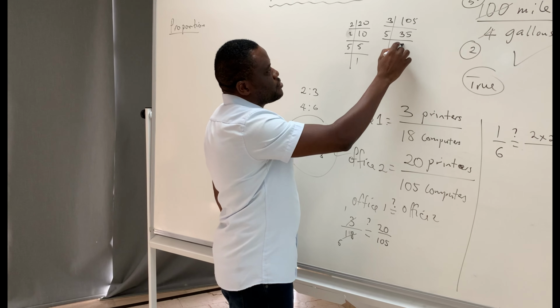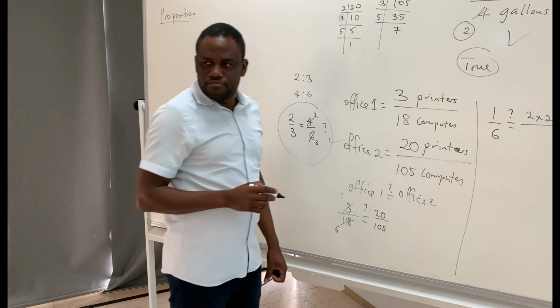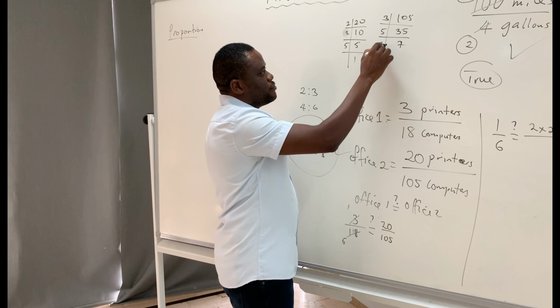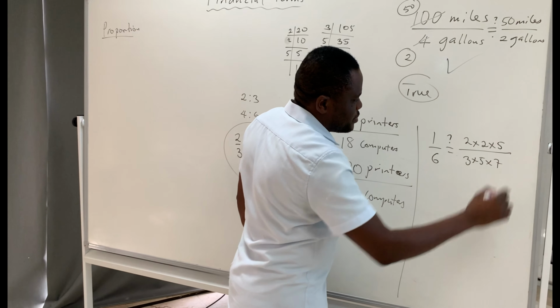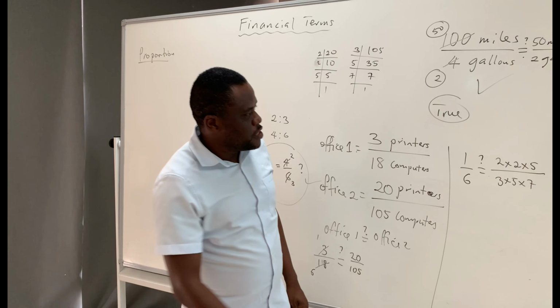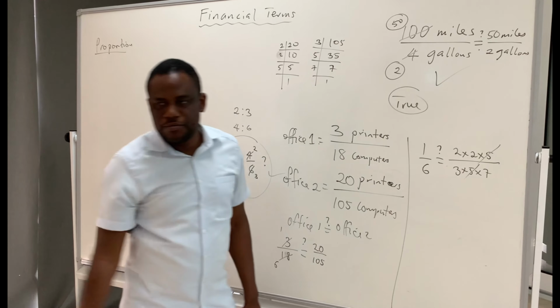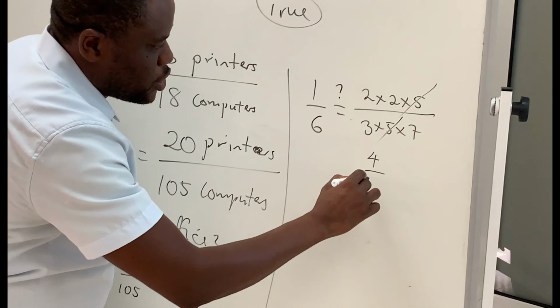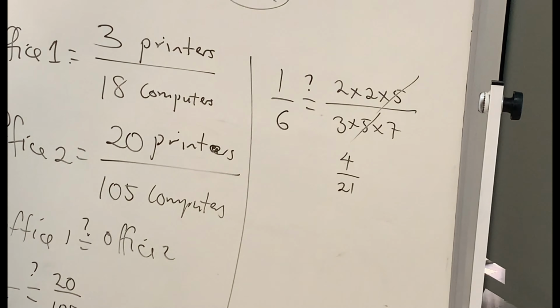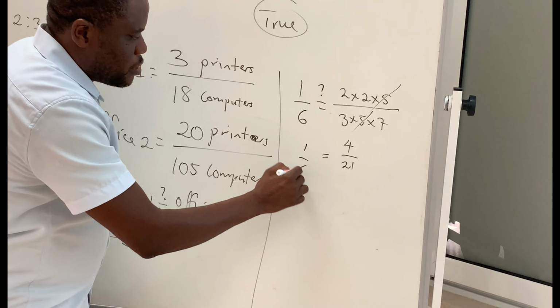What is left is 7. Right? And now 7 is 1. So this is 3 by 5 by 7. So cancelling, it is only 5 that can cancel. So what is left in this place is 4 by 21. And this one is 1 by 6.